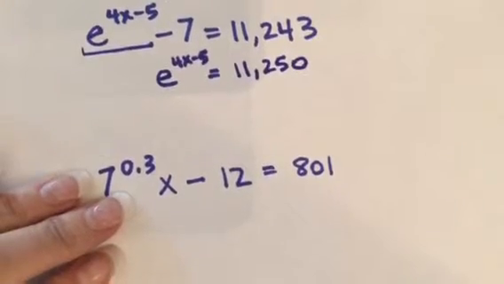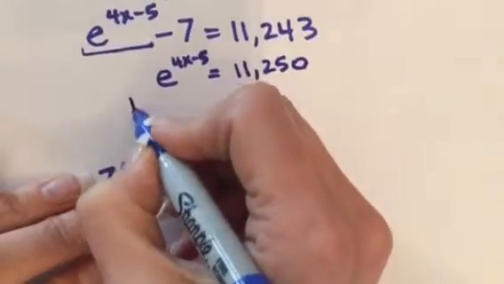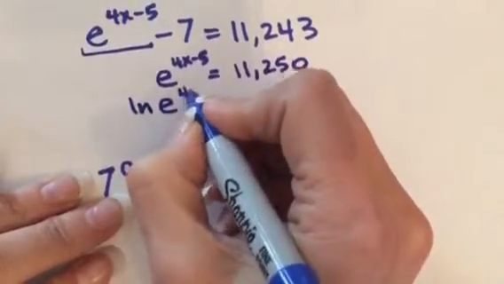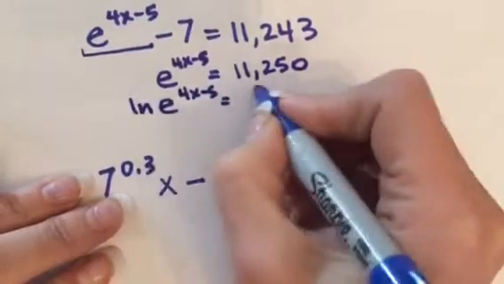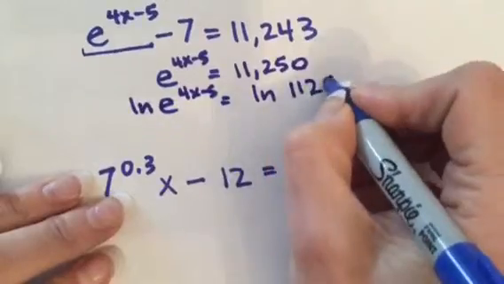All right, take a natural log of both sides. ln of e to the 4x minus 5 is equal to ln of 11,250.